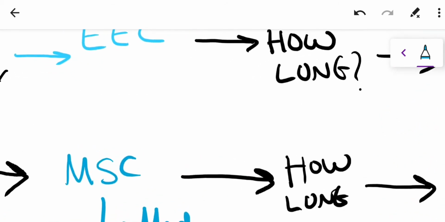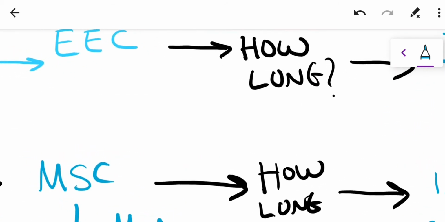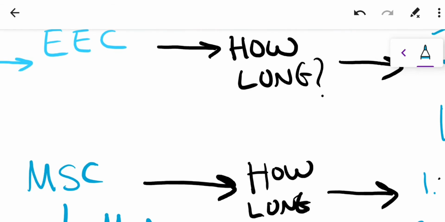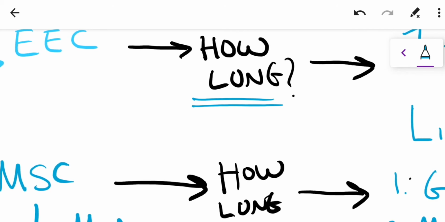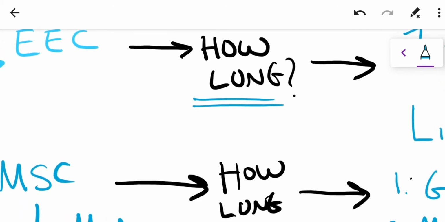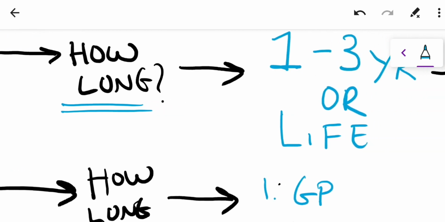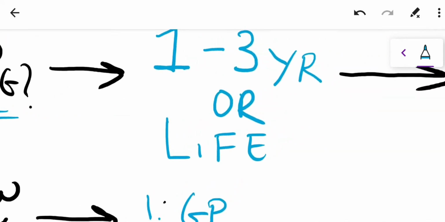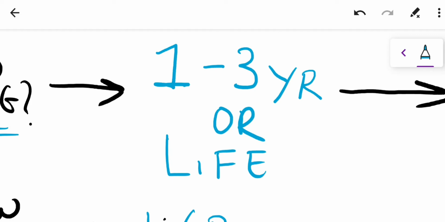How long do we get for each certificate? How long are we allowed to take off? How many days are we allowed to take off? Let's start with the permanent. How many days? Now, with permanent, you get 1 to 3 years or life.